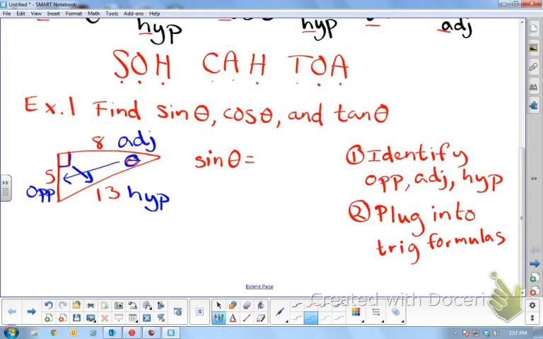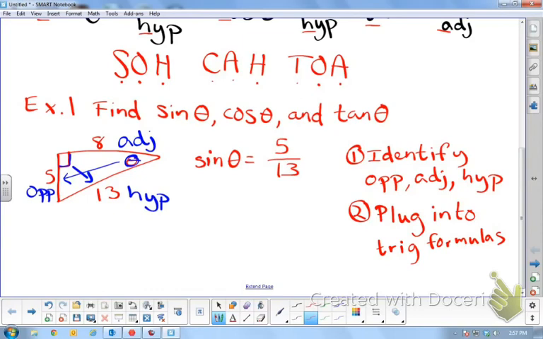So we know sine of an angle is opposite over hypotenuse. Well, we've labeled which is which. We've labeled 5 as opposite, 13 as hypotenuse. So we would plug in the numbers. 5 is opposite over 13, which is hypotenuse. So the sine of theta is 5 over 13.